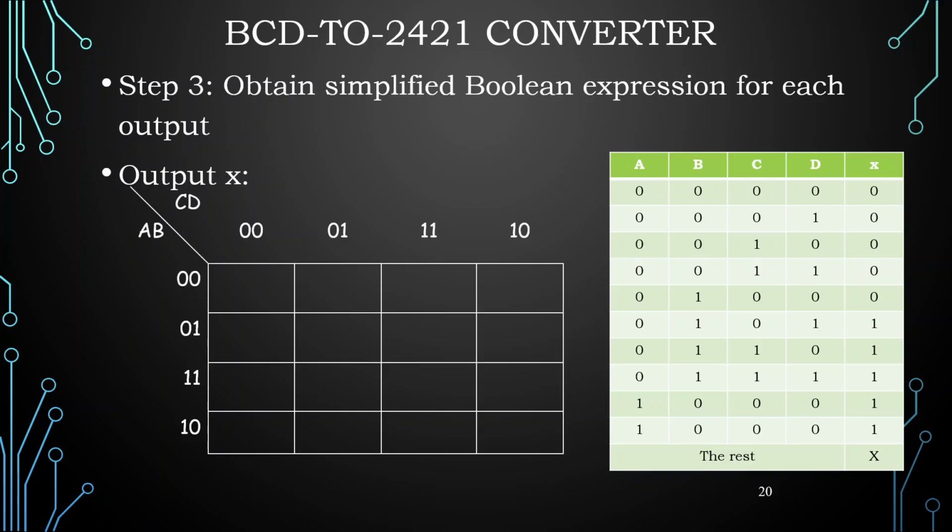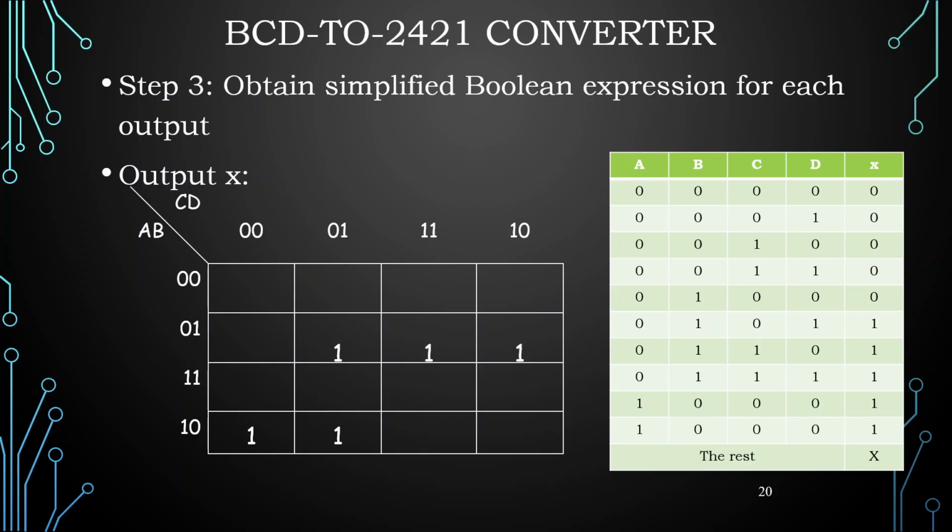Every time I will enter the values of the input output relation: ABCD input, X output; ABCD input, Y output. So for every output I need one K-map. I will enter those values, then I'll simplify and get an expression.